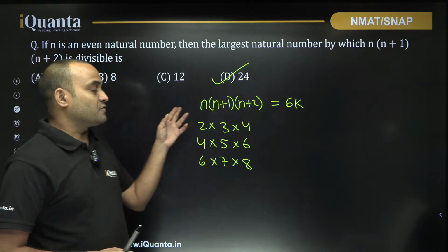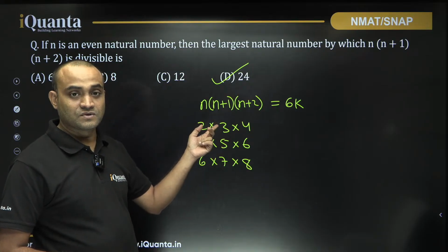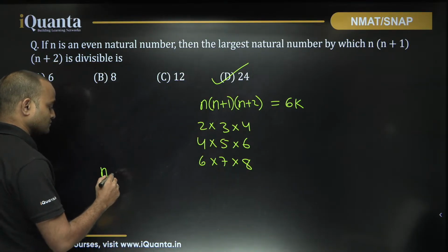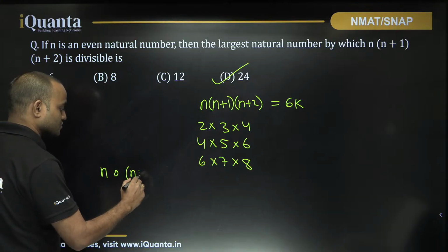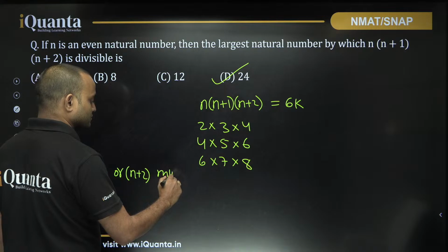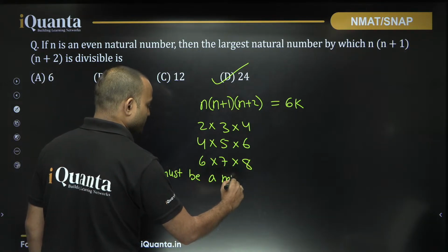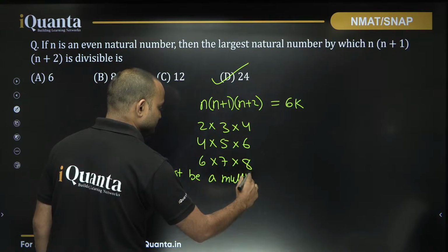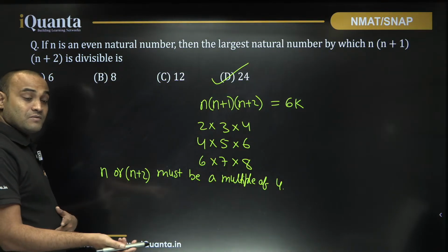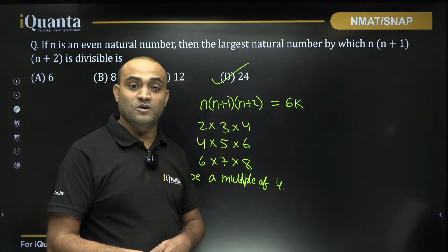Sania, product of 3 numbers where n is even, starting with even, है ना? So one of these two numbers, n or n plus 2, must be a multiple of 4. ठीक है? And the other number, अगर n multiple of 4 है तो n plus 2 will be a multiple of 2.